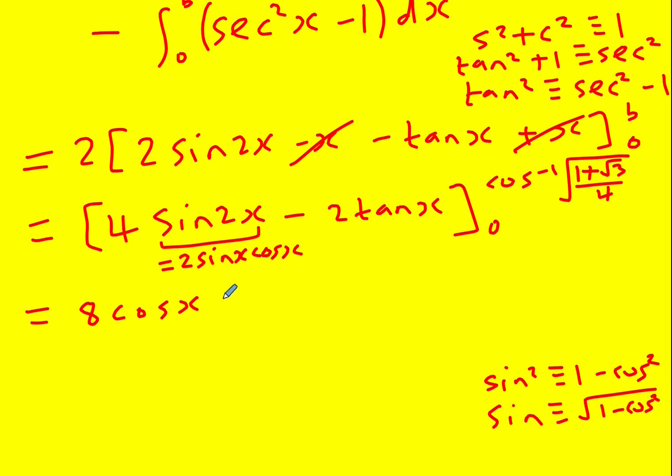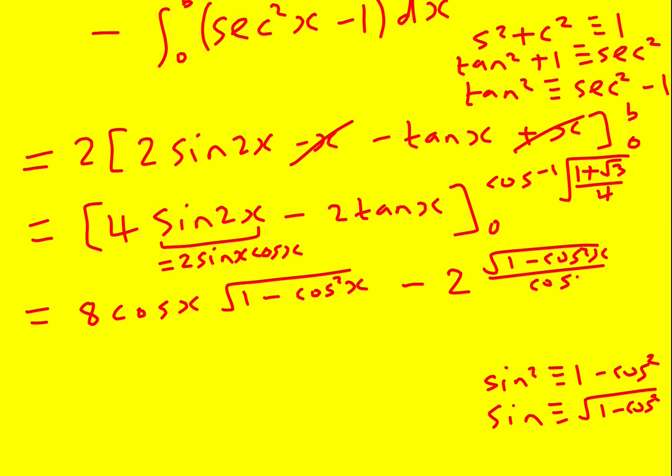So it's going to be 8 cos x multiplied by the square root of 1 minus cos squared x. That's my sine x. And then I'm going to minus 2 sine over cos. So it's going to be the square root of 1 minus cos squared x, because that's again sine x divided by cos x.